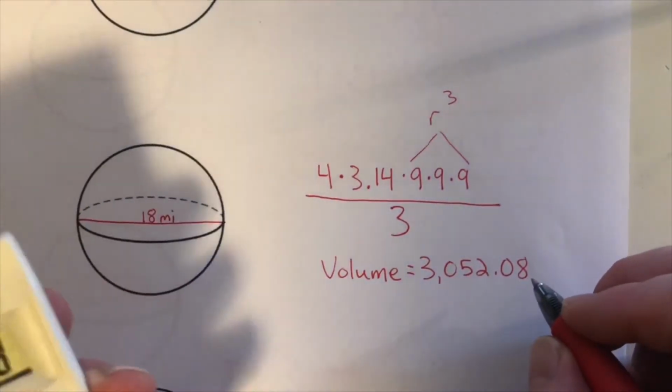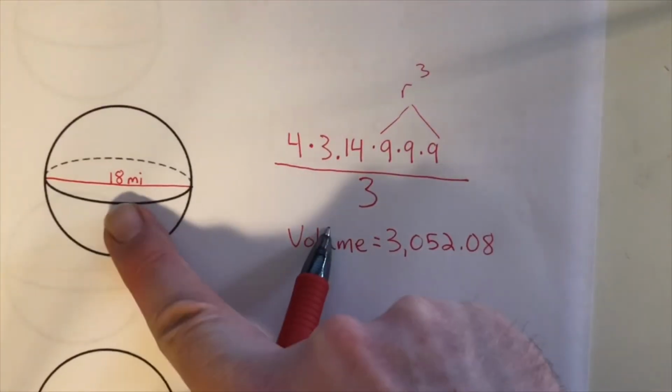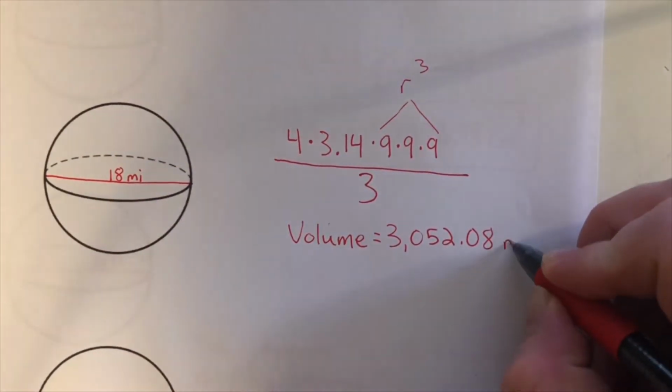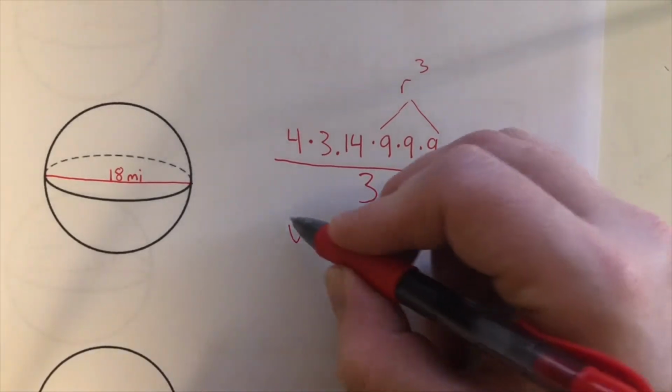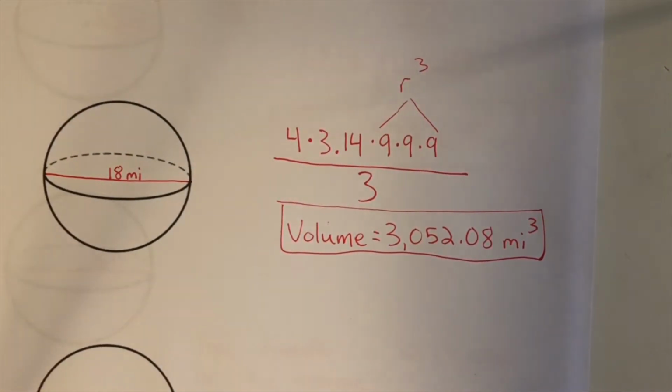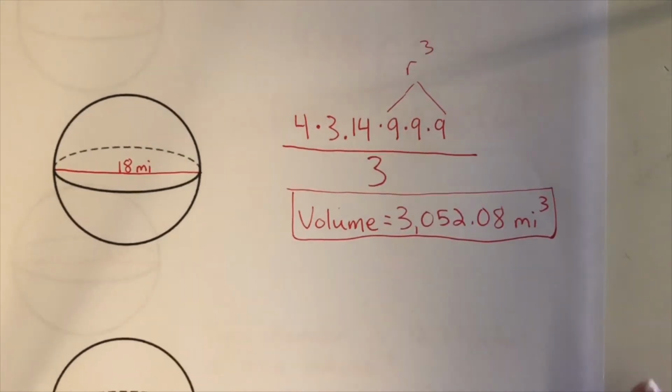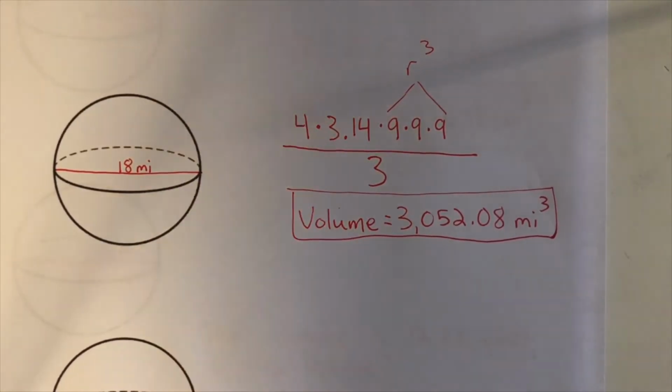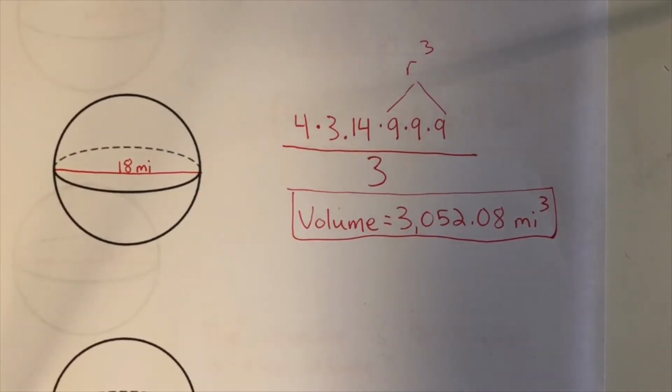And that would be whatever units. In this case, I had miles, so I would put cubic miles for that volume. So maybe it's a small planet or a moon or something. We're trying to calculate things. So NASA calculates the volume and tries to figure out how big the diameter and radius are, and that's how they are able to send probes and figure out different things about the planet.